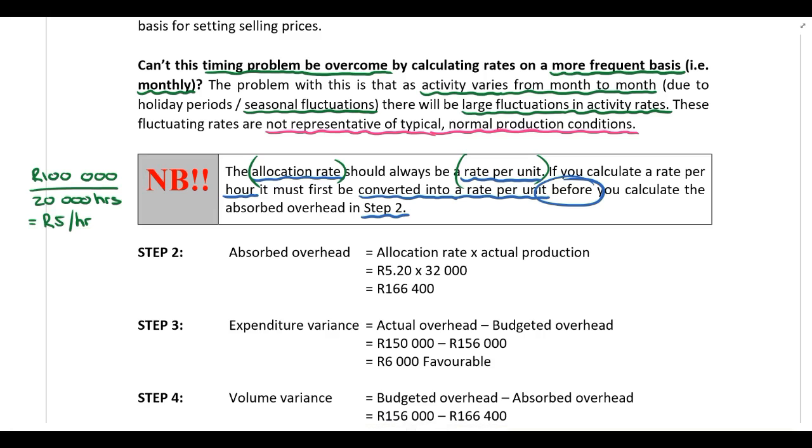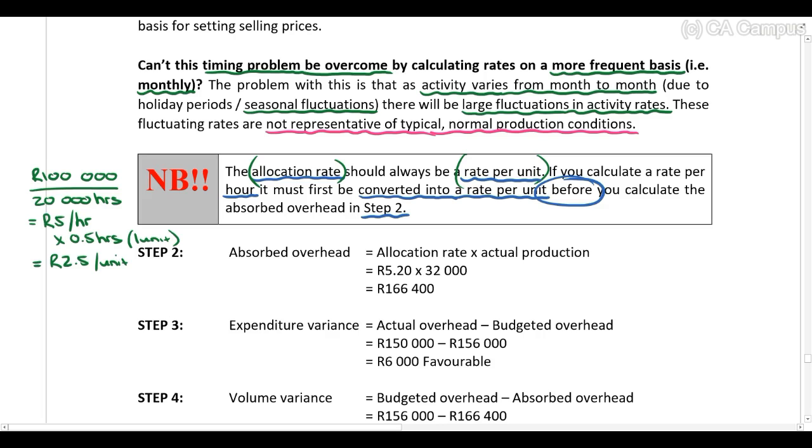So for this example, I want you to assume that it takes 0.5 hours to make 1 unit. So we are then going to multiply this by 0.5 hours for 1 unit in order to get our allocation rate per unit. So we'll then have an allocation rate of 2.50 Rand per unit.